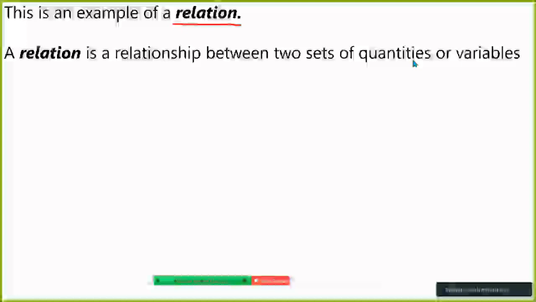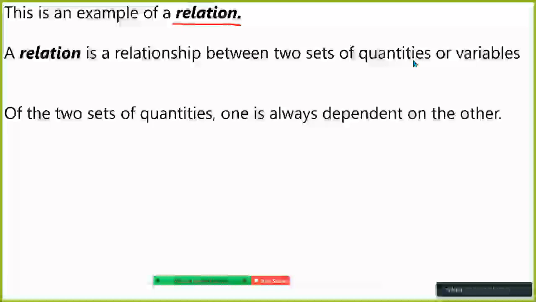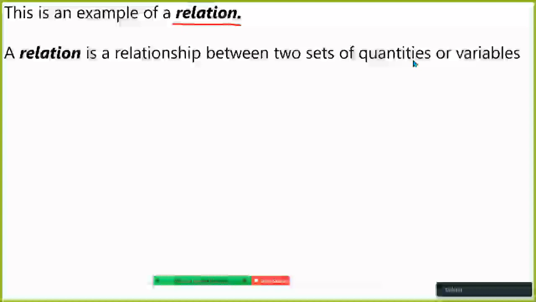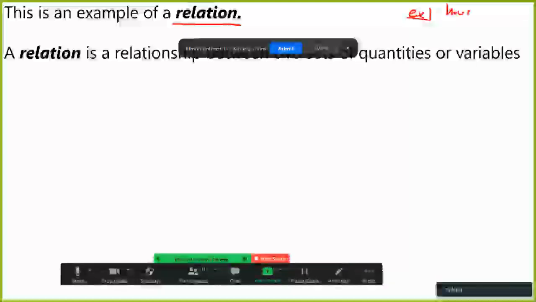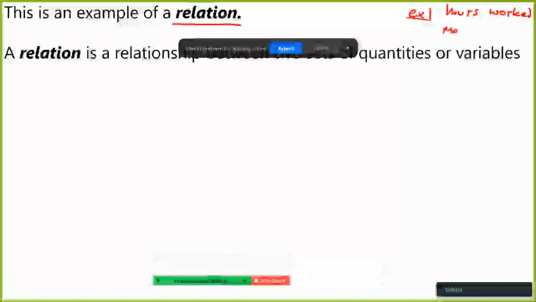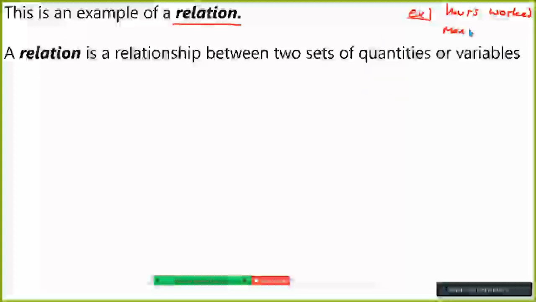But we're relating one type of variable to another. In our story about Brianna, the two quantities or two variables that we're relating together would be what? Hours worked and money made. Hours worked and money made are our two variables or quantities that we're relating together.